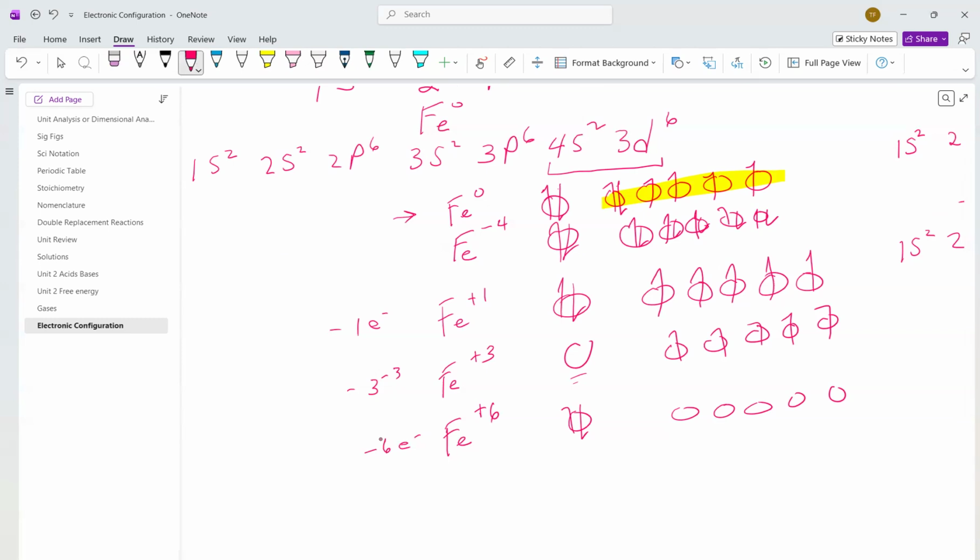Now, iron happens to be... this happens to be the most stable.